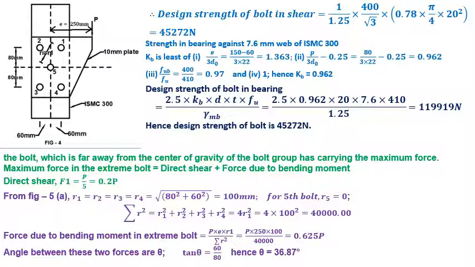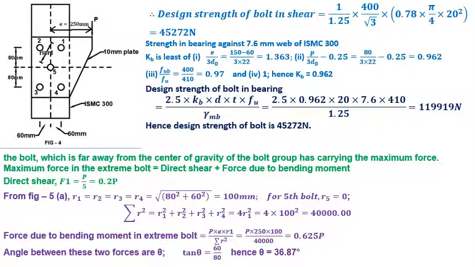Hence, summation of R square is 40,000. Now, force due to bending moment in extreme bolt equals P into e into R1 upon summation of R square. It equals 0.625 P.